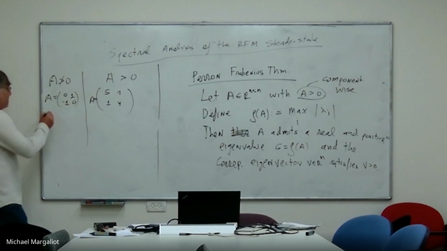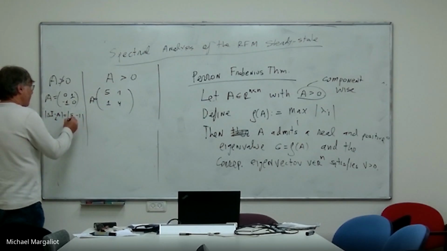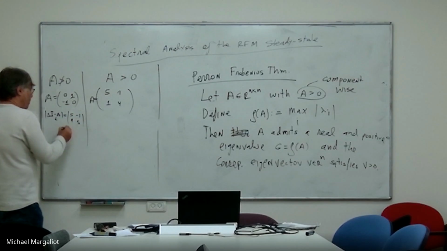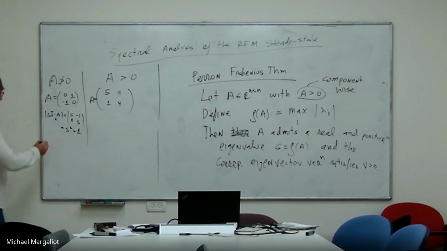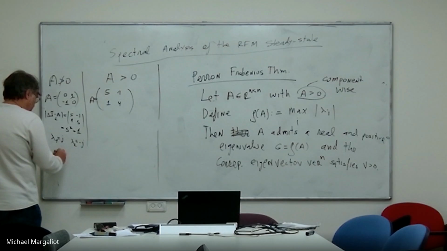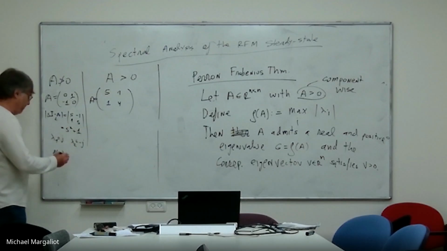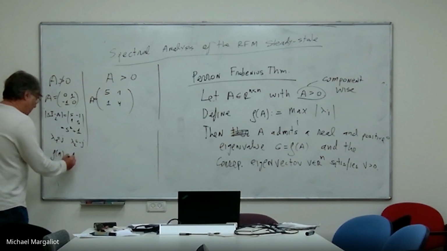In this case, let's calculate the eigenvalues. So I calculate the determinant of this matrix, which is s squared plus 1, right? So the eigenvalues are j and minus j, and the spectral radius is the maximum of the absolute value. So this will be 1.